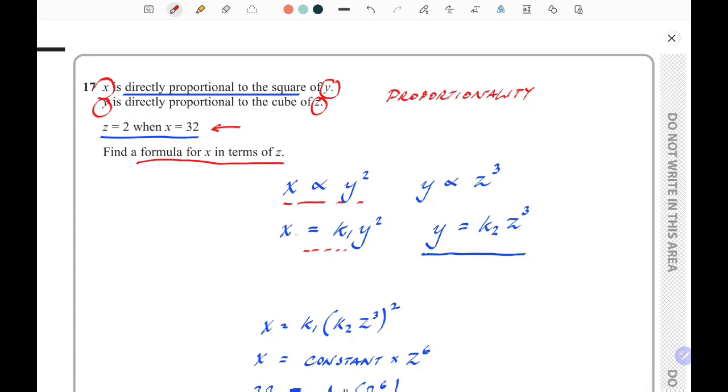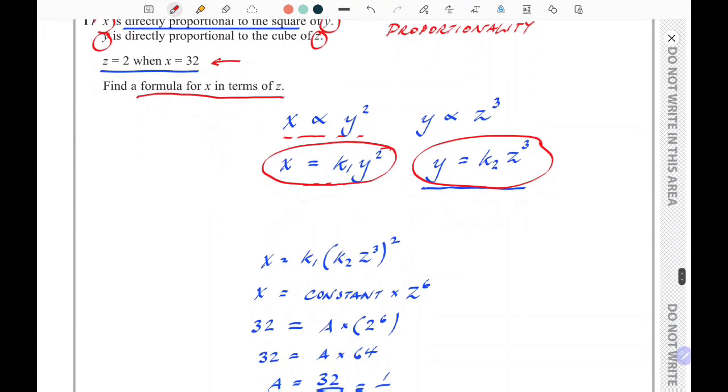So therefore we get x equals, and I've labeled it k1 times y squared, to make sure we have two different equations and we're not mixing the constants. And on this side, using exactly the same logic, y is proportional to z cubed, and therefore y equals k2 times z cubed.